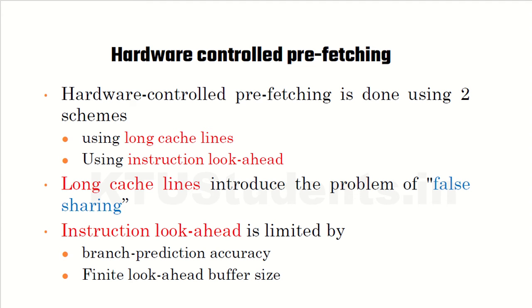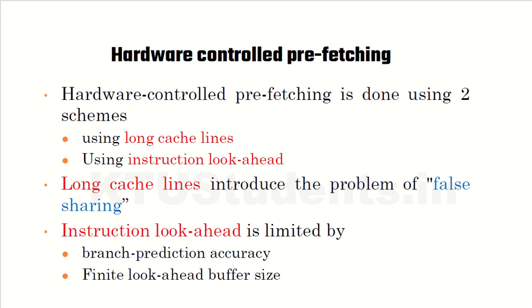Instruction look ahead can be limited because of the branches, which means if your branch prediction accuracy is not up to the mark, then you may have to face poor performance. Also, a bottleneck may occur as the buffer size cannot exceed a limit. So these are some problems associated with hardware controlled prefetching.